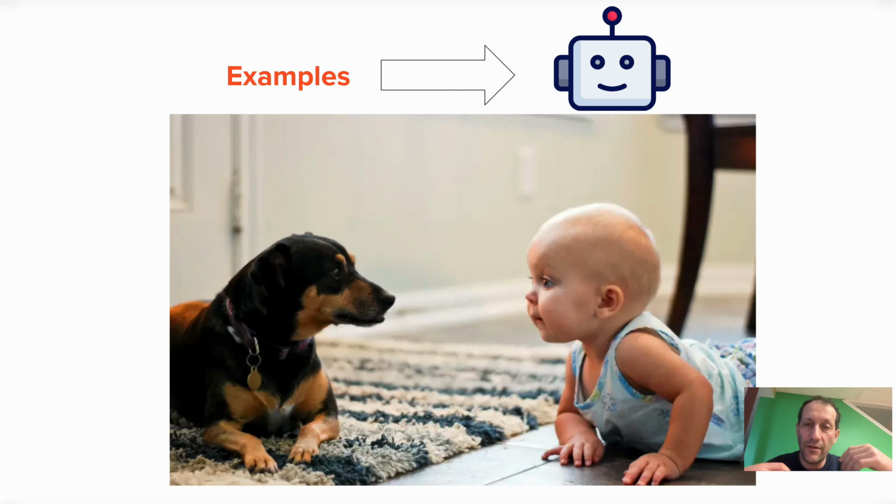And here the child is learning what a dog is and what a cat is by looking at examples. To the extent that the child would not even be aware of what patterns it has registered, but through those examples, those patterns have been registered.